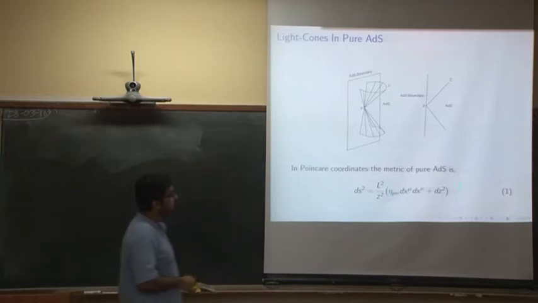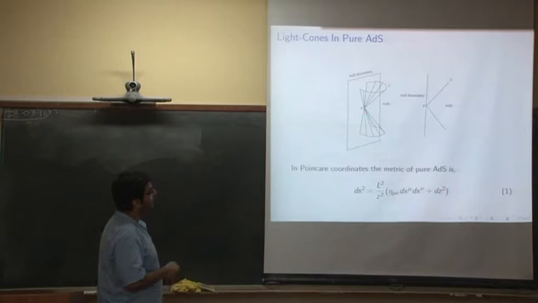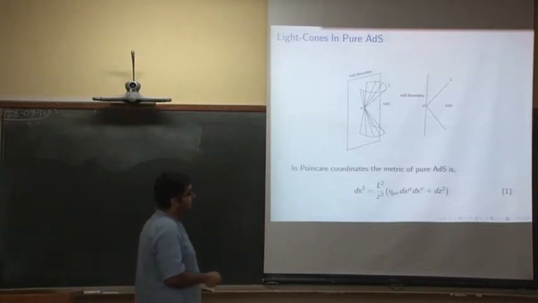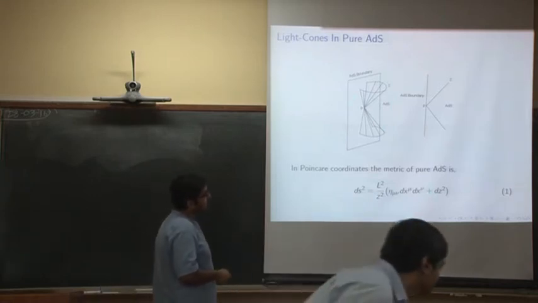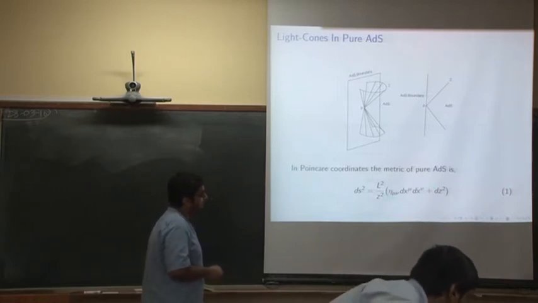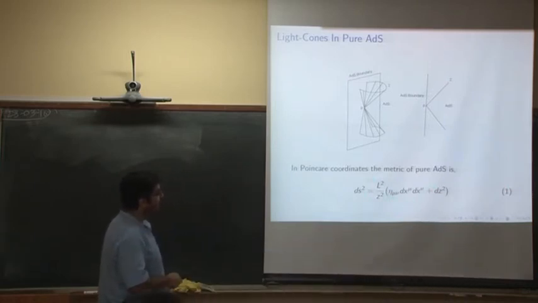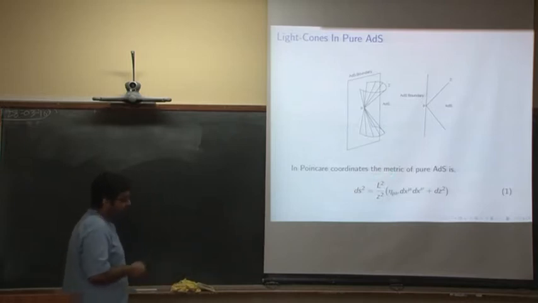So this η_μν is the standard Minkowski metric, and z is this orthogonal direction to the AdS boundary, z is a space-like coordinate, and L is the size of the AdS space.